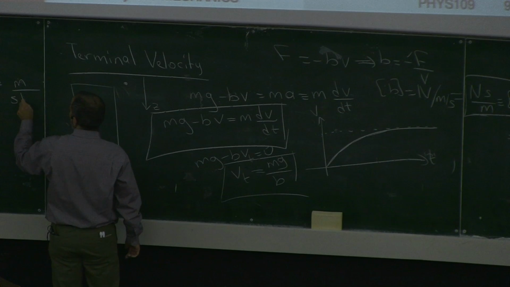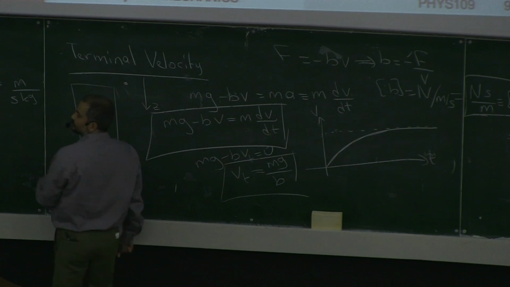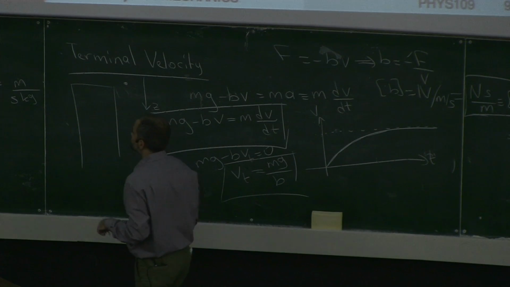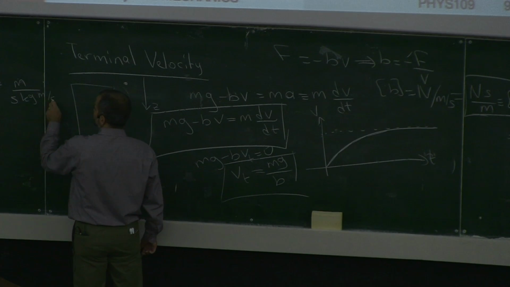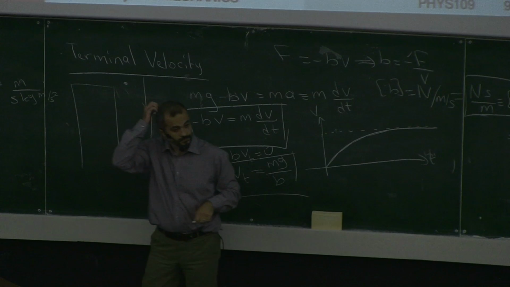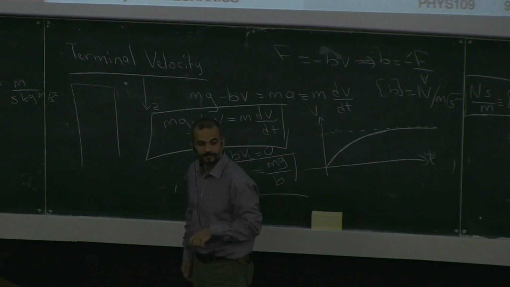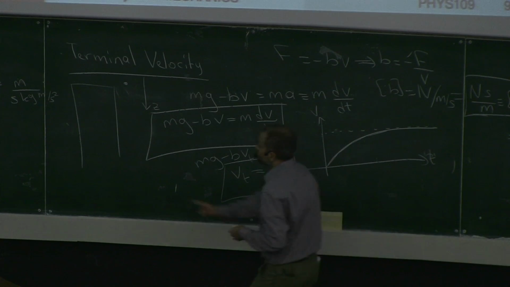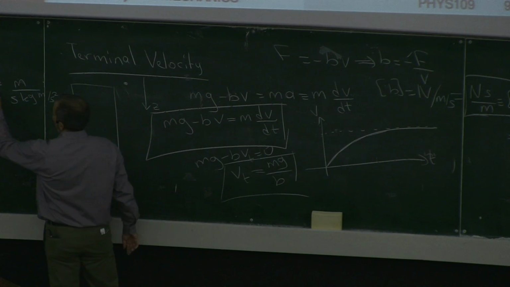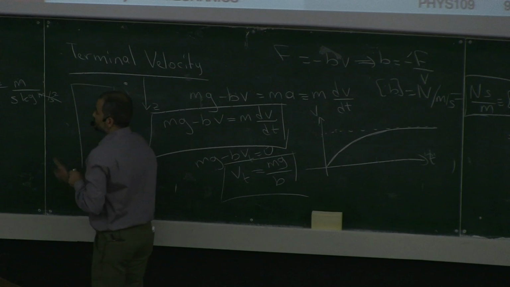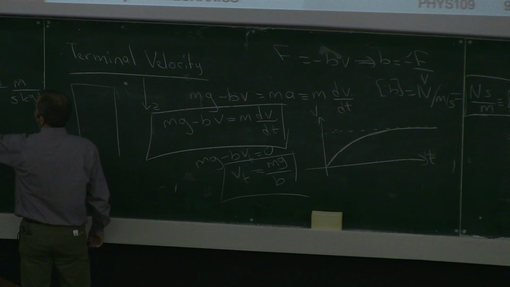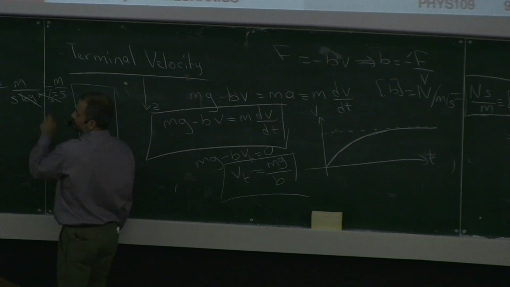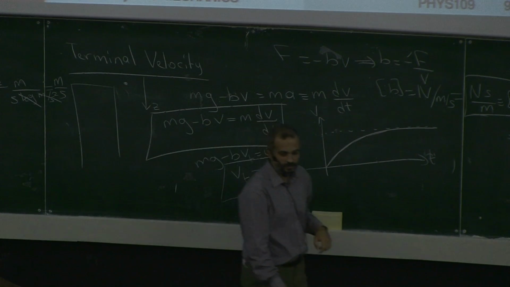What's the unit of Newton? Kilogram meters per second squared. Newton is mass times acceleration, ma. Well, we have the meters per second squared, they cancel. Kilograms, they cancel. So the unit of mg over b is meters per second. So probably we didn't make any mistake in the calculation.